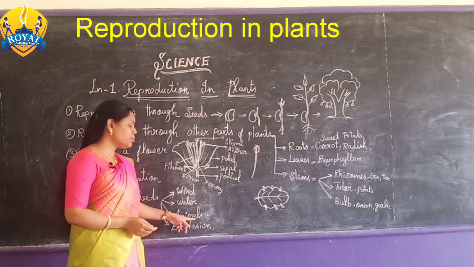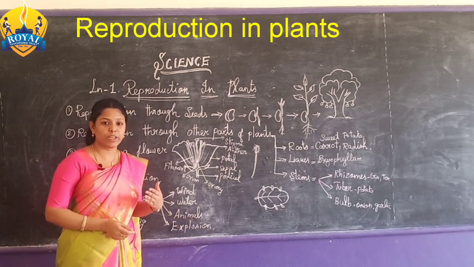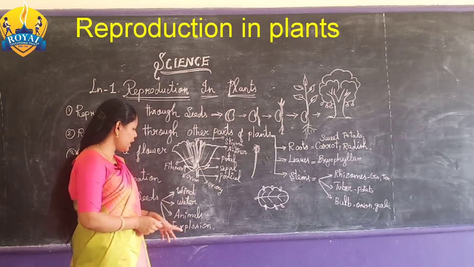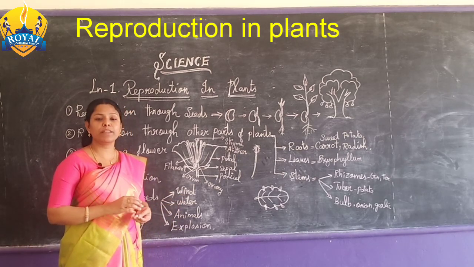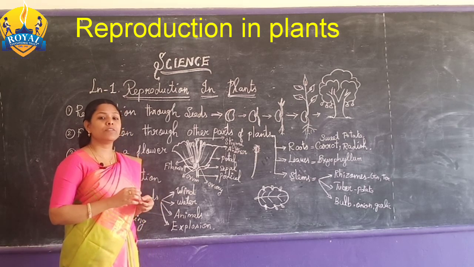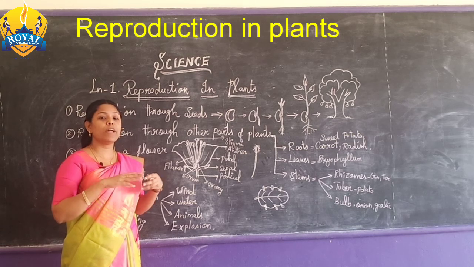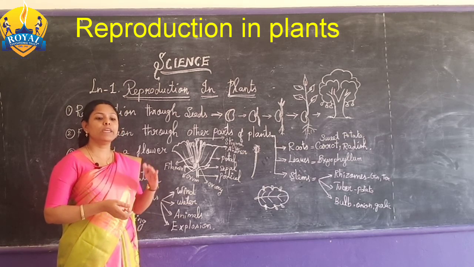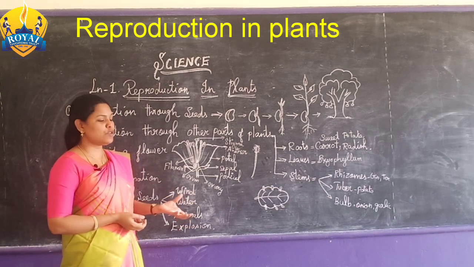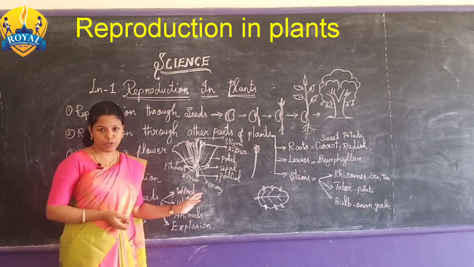This pollen dispersal is otherwise called pollination. And explosion means some fruits burst open, and the seeds fall away from the plant. In that place they settle and grow into a new plant. These are the types of dispersal of seeds.